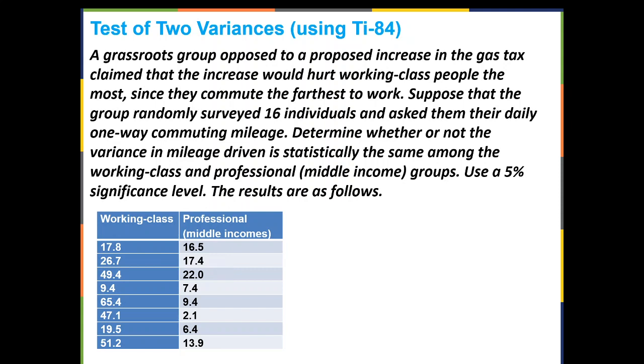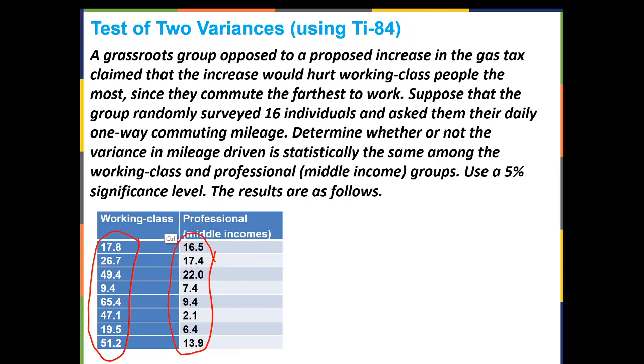Because they think that the variance of how far people live from their work is different in these two groups, professionals and working class. So that's what they believe. So they took 2 samples, one from each group, and now the question is, are these variances the same, right, or different?